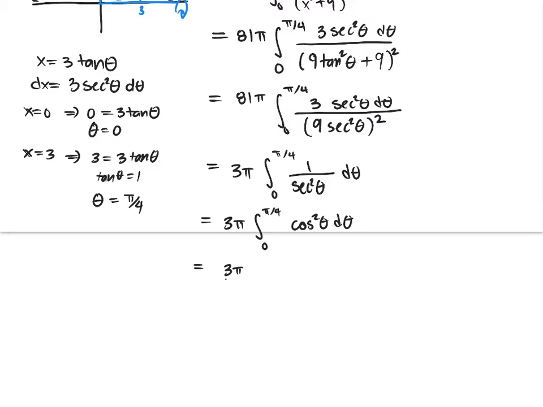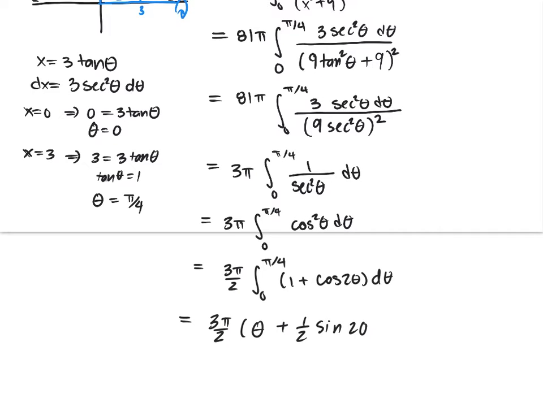So 3 pi over 2. We're almost done. 0 to pi quarters. So cosine squared is... And I already took care of the 1/2 because I put the 3 over 2, right? Okay. So that's 3 pi over 2 times theta plus 1/2 sine 2 theta.